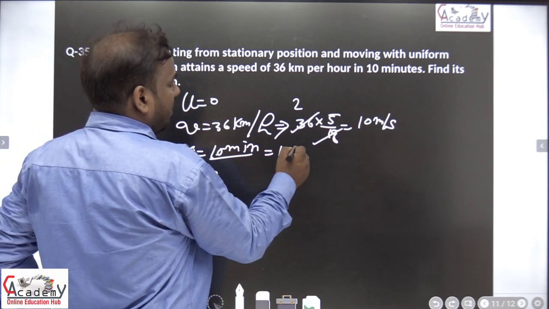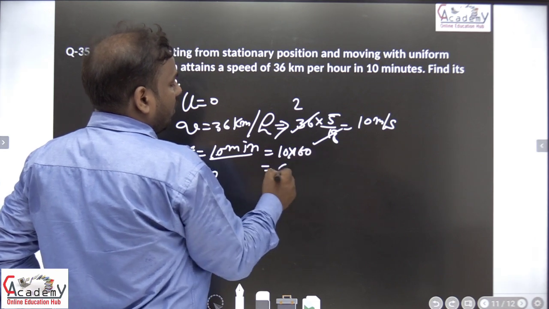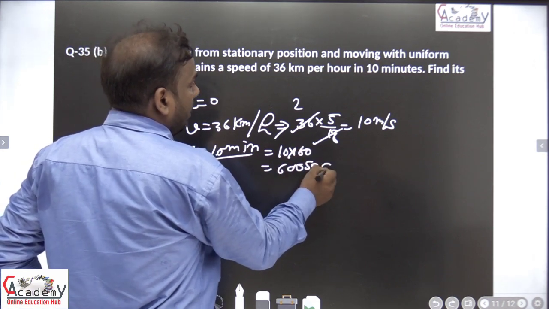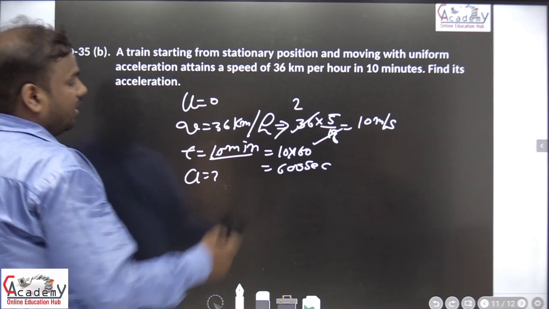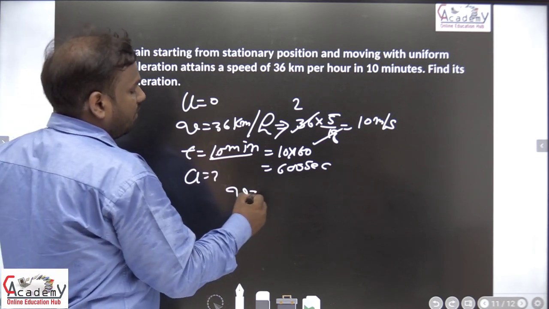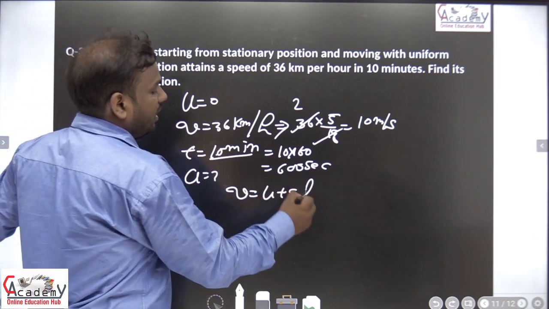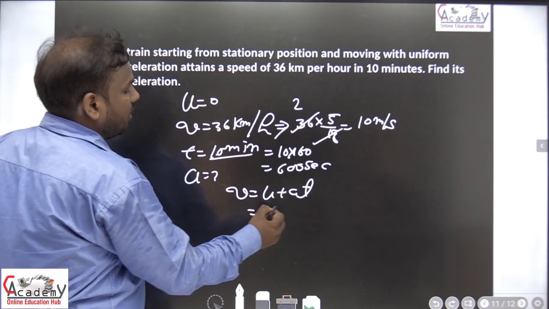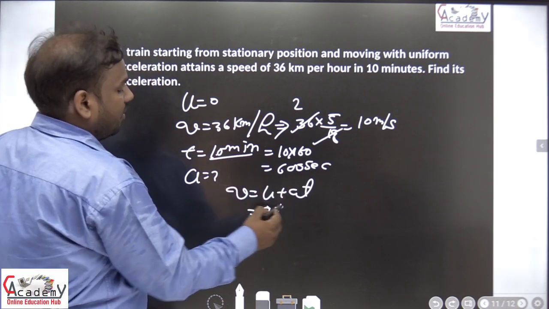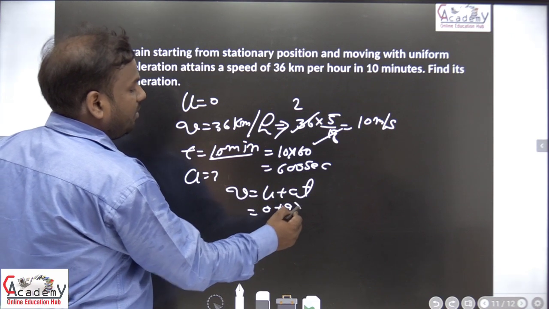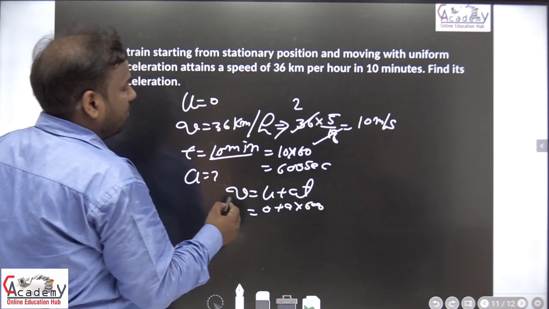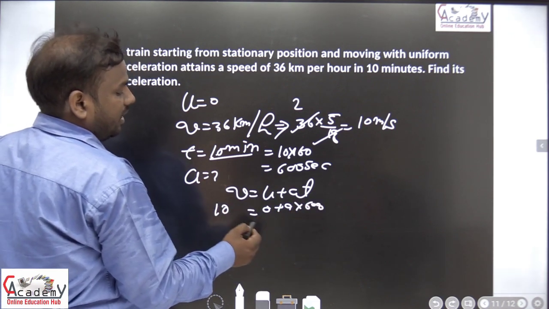So 10 multiplied by 60, then we got 600 seconds. Then find the acceleration. So use first equation of motion, v is equal to u plus at. U is 0. A, acceleration, we have to find. Time is 600 seconds, and the final velocity is 10 meter per second.